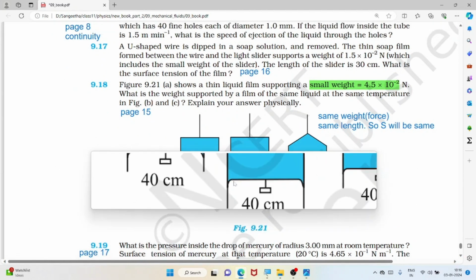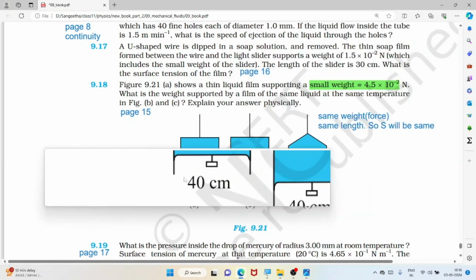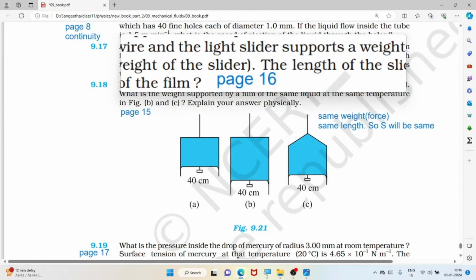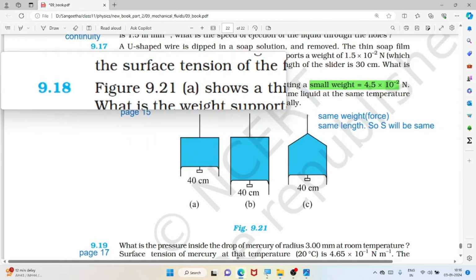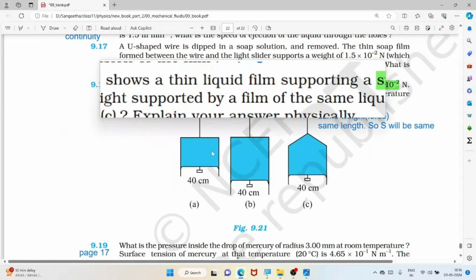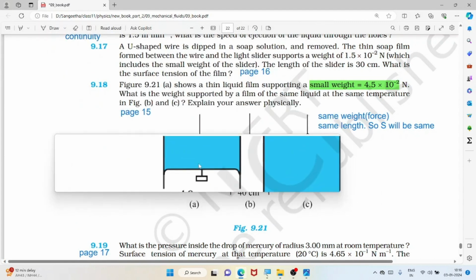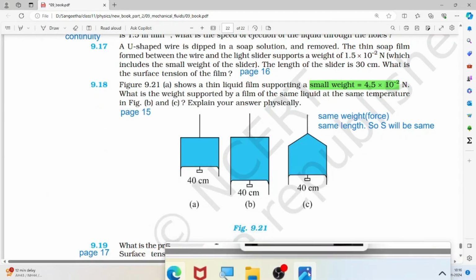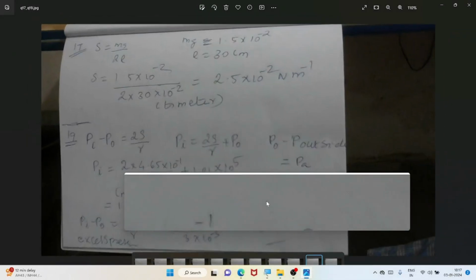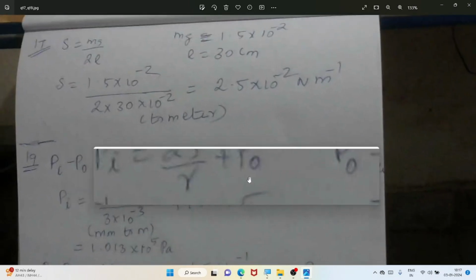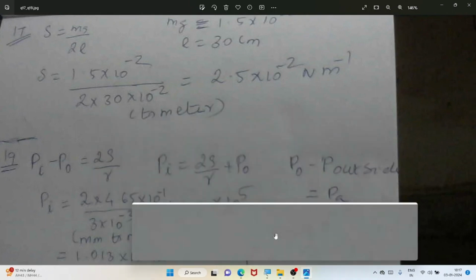A U-shaped wire is dipped in the soap solution and removed. The thin soap film is formed between the wire and the support, which supports a weight of this much. What is the surface tension of the film? Page 16, I already showed you the formula. Surface tension, okay, S equal to mg by 2L, that is W weight by 2L.